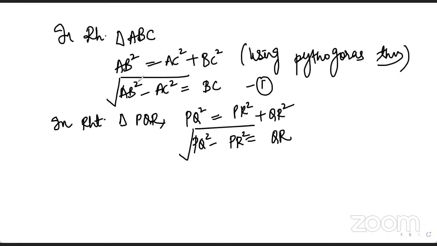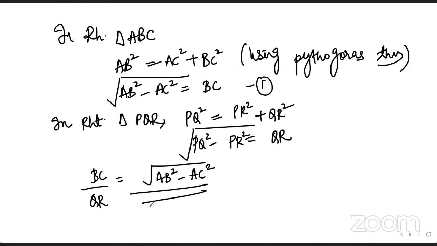Now what I can do is write BC upon QR. BC is the square root of AB square minus AC square, upon the square root of PQ square minus PR square, right? I hope you have got it.